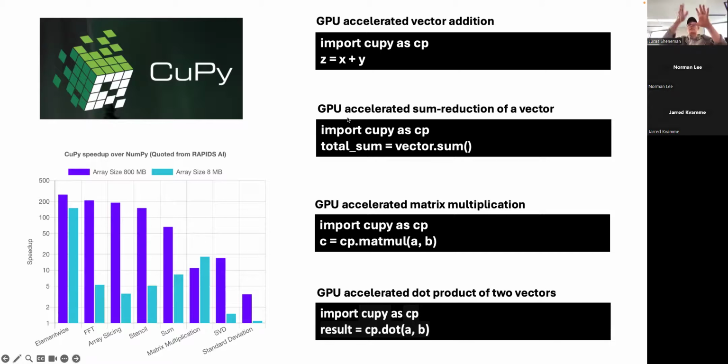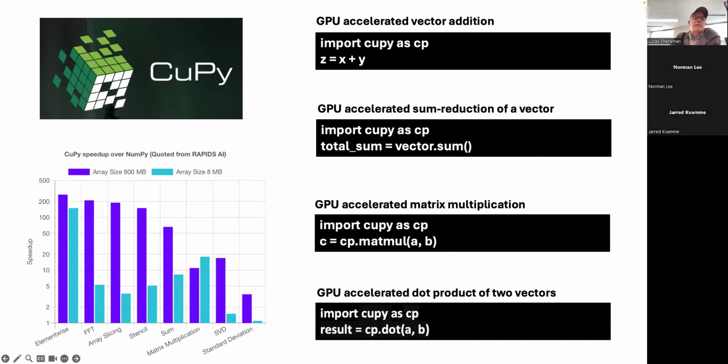That complex thing that had the problem with warp divergence that I went through, if you use CuPy, it's literally just a matter of calling dot sum on your vector, and you'll get the sum. And it will do it in a way that's really optimal for your GPU. And matrix multiplication, dot products, all of that.